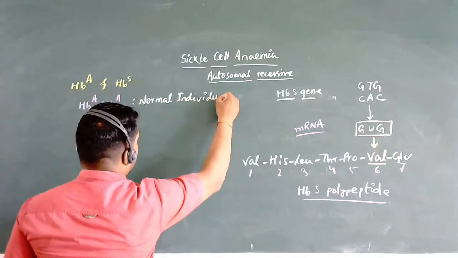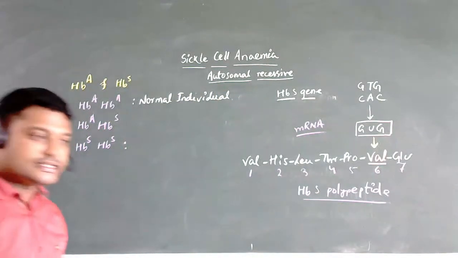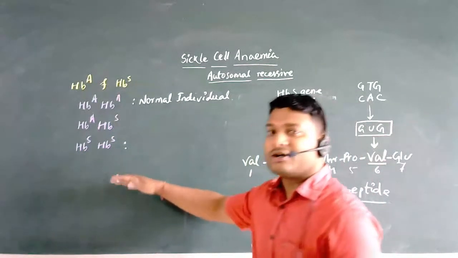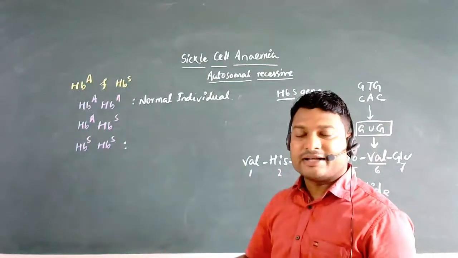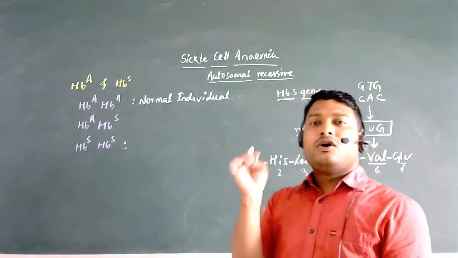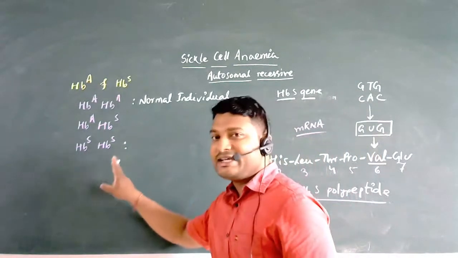individual. Now the HBS, because it is a recessive disorder, the gene is going to express itself in a recessive manner. You all know it can express itself only in a homozygous recessive genotype condition, that is HBS HBS.